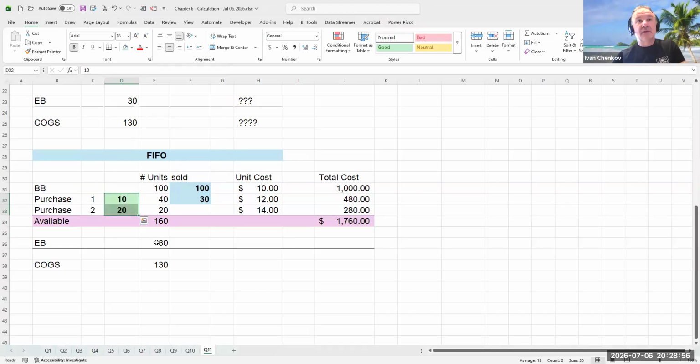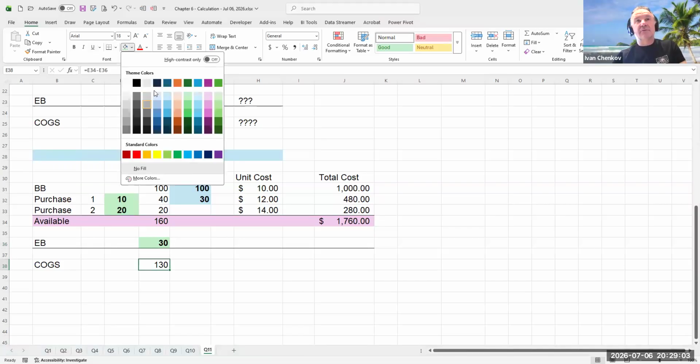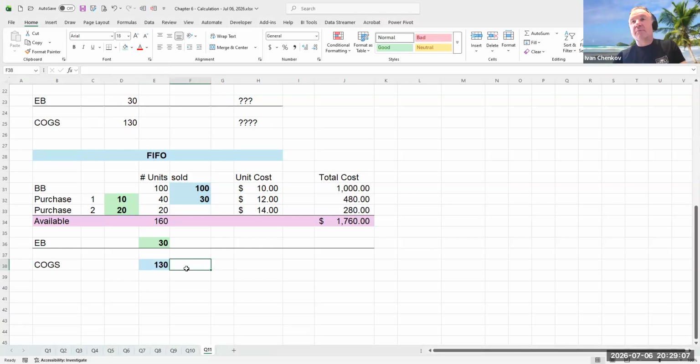So I can either work with the ending balance, or I can work with the cost of goods sold or the units that I sold. Both are going to bring me to the same conclusion that I have left 10 units from the first purchase and 20 units from the last purchase.